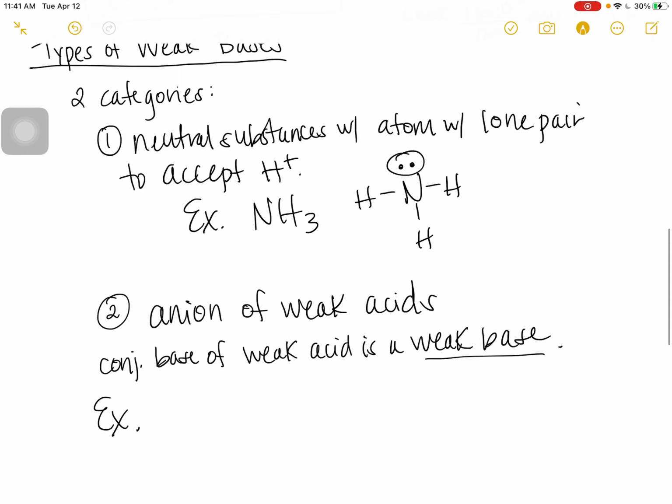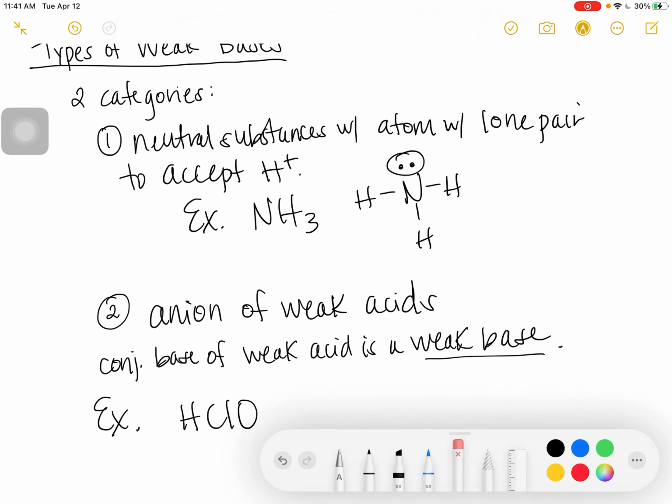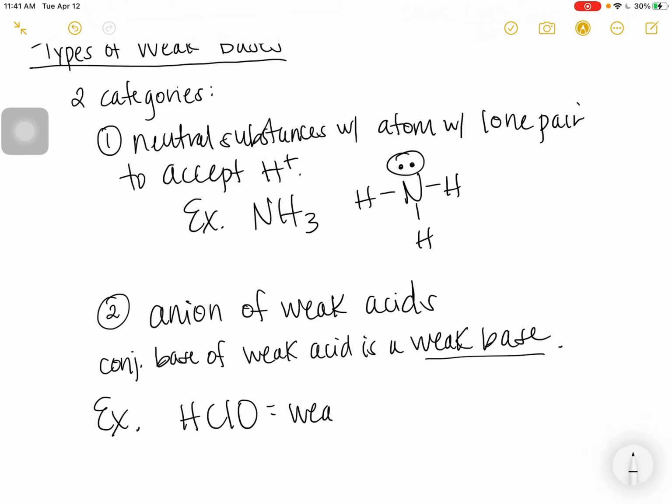So let's see, for example, if we just look at any weak acid on my list, like HClO. Oh, sorry, that shouldn't have a charge there. HClO is a weak acid.